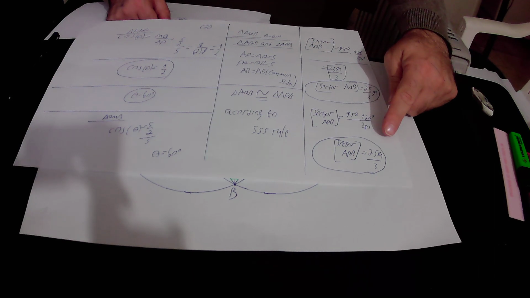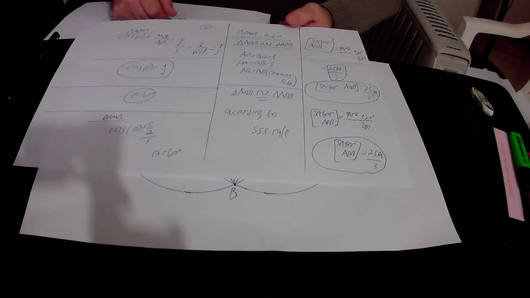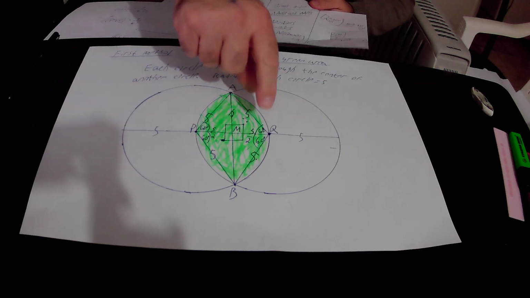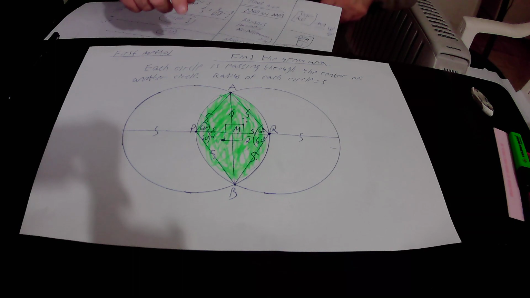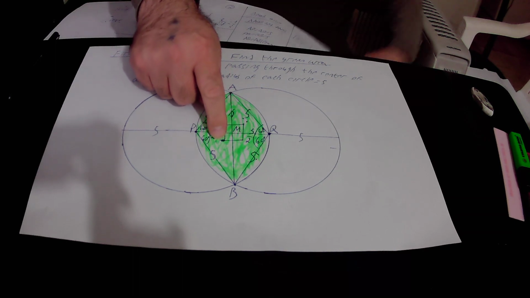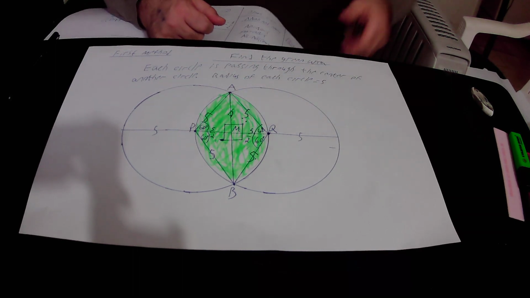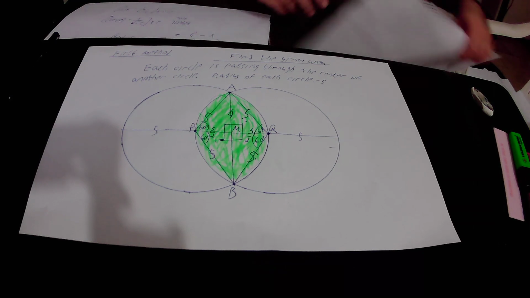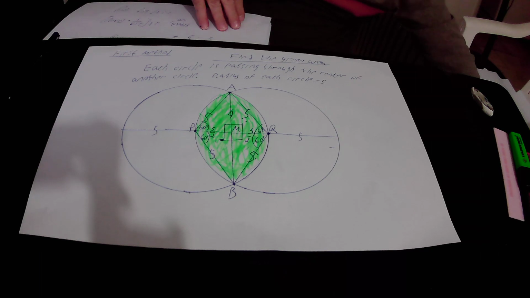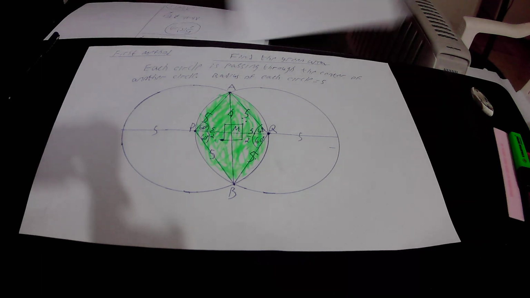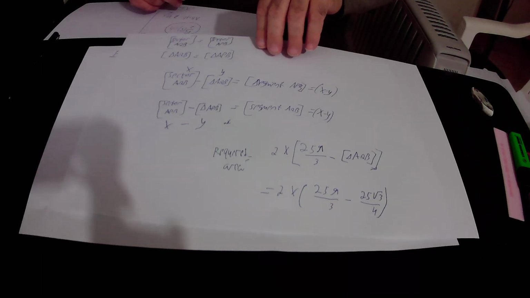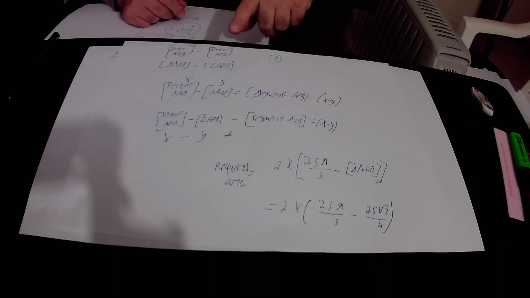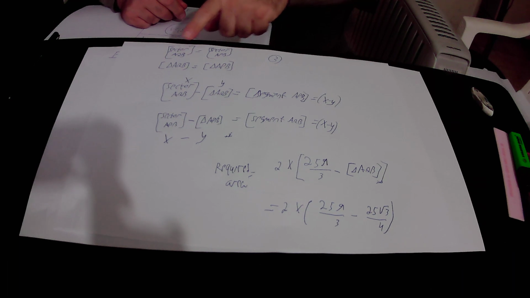It has the same expression as sector AQB, so it is also the same area. So the area of sector APB equals the area of sector AQB. And the area of triangle APB also equals the area of triangle AQB. Okay? Therefore, I repeat again, the area of sector AQB equals the area of sector APB, and the area of triangle AQB equals the area of triangle APB.